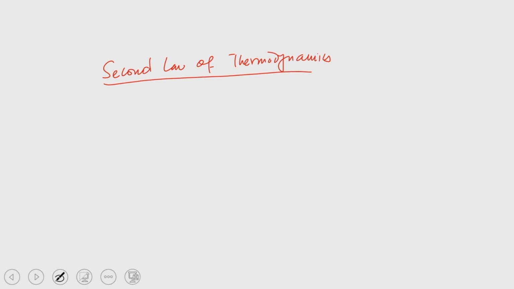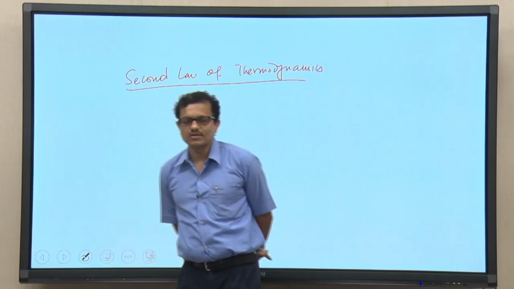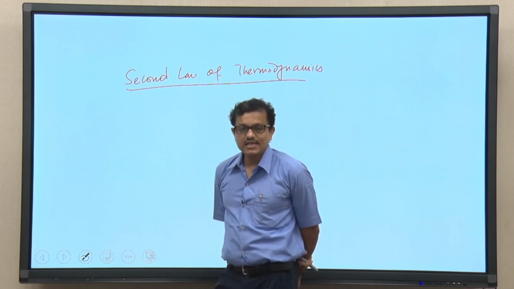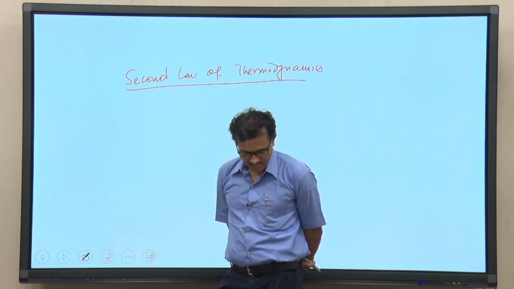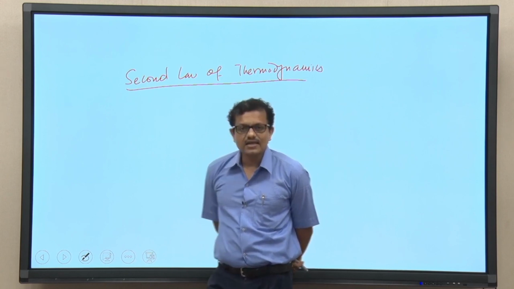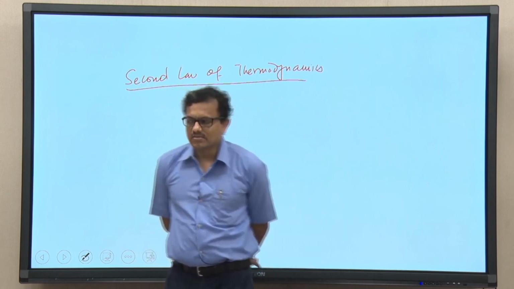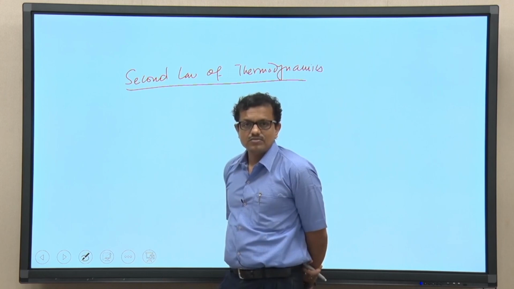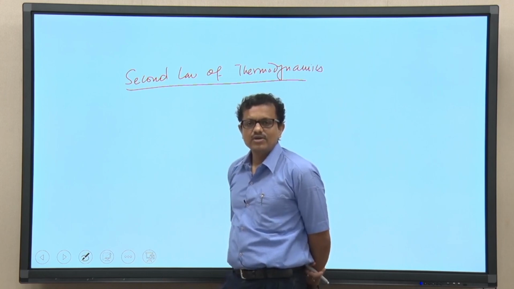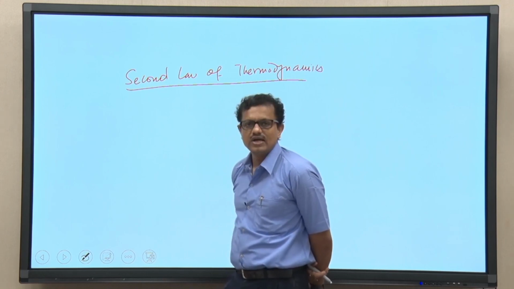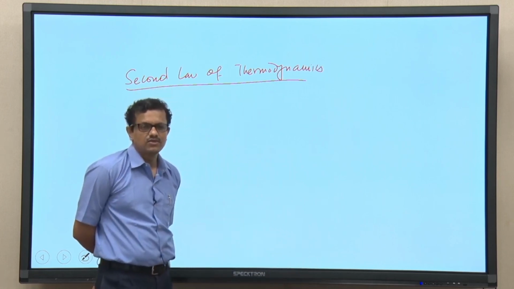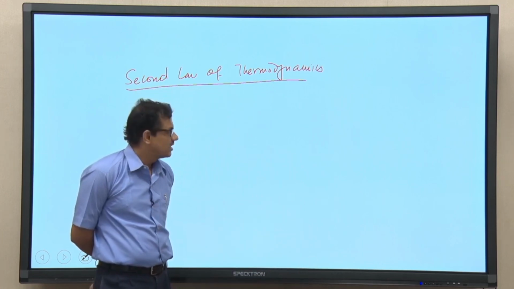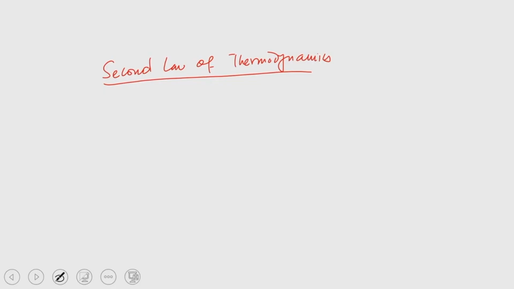You have studied two important statements of the second law, that is the Kelvin Planck and Clausius statements. Before coming to those statements, I would like to recapitulate, although you have learned it from the basic thermodynamics course, the need for the second law.